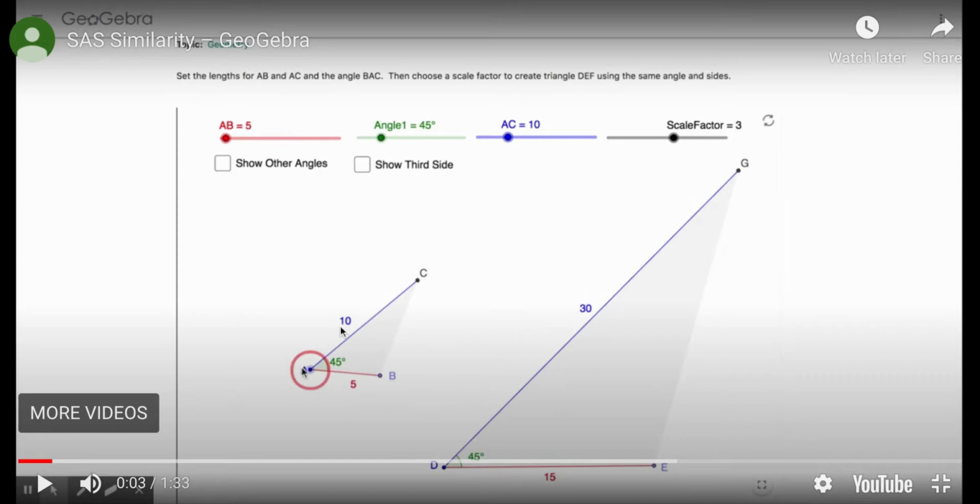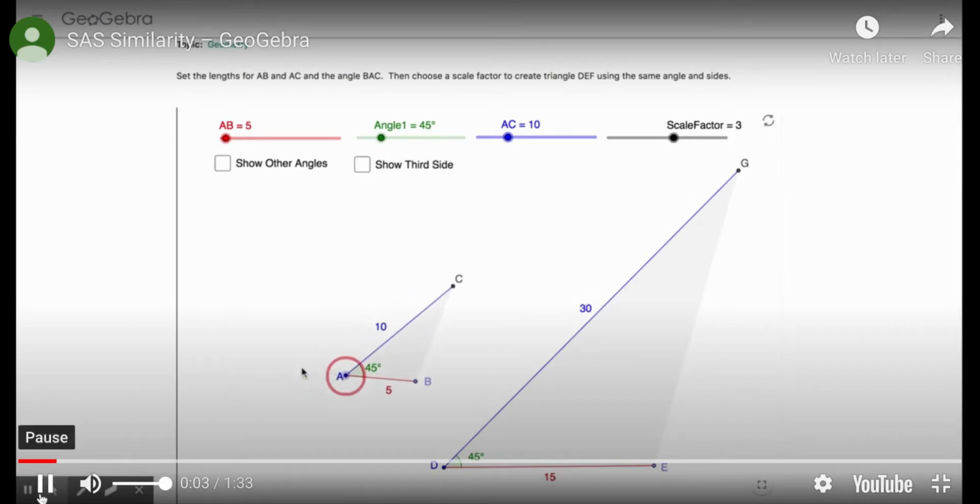So notice that 10 and 30 are related by a scale factor of 3. 5 and 15 are related by a scale factor of 3. So this is what we mean by SAS. We have a pair of corresponding sides that are proportional, another pair of corresponding sides that are proportional, and a pair of included angles that are congruent.